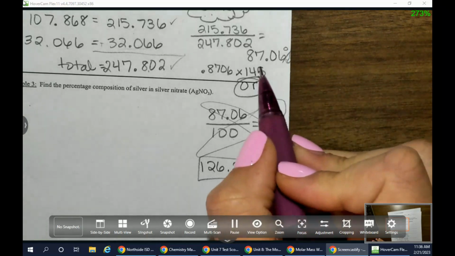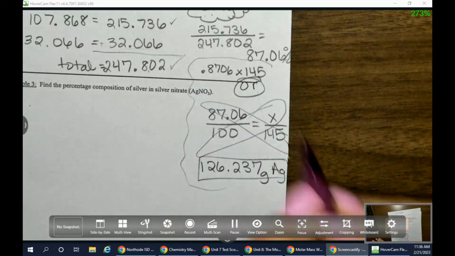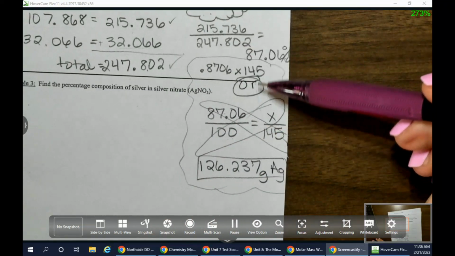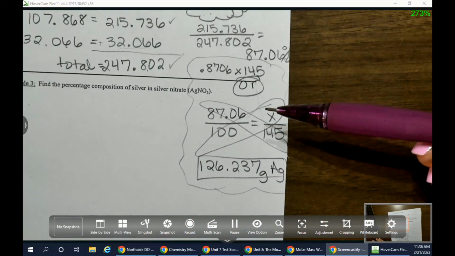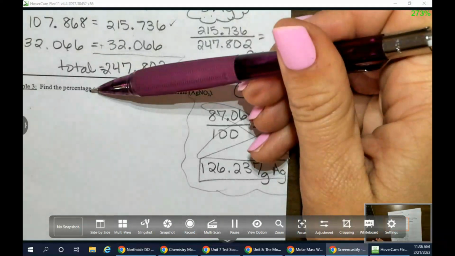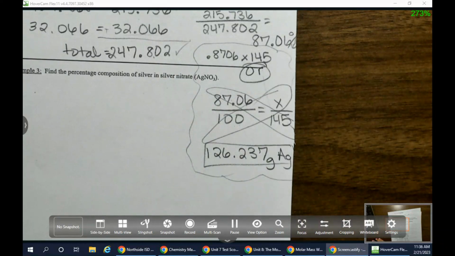So I wanted to make sure that you guys had 2 of these examples, right? So one of each kind of thing. So you should be able to try a couple on your own. So let's leave example 3 blank for now. Whenever you're ready, flip the page over.